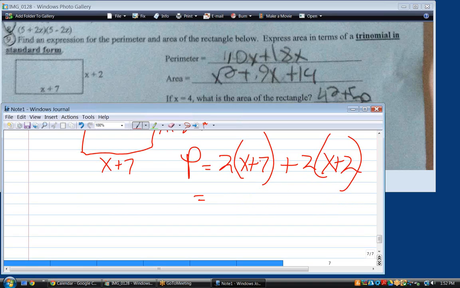What's this part become? Multiply the 2 by both terms. So it becomes 2x plus 14. That would be plus 2x plus 4. Okay, now simplify. That would be 4x plus 18.